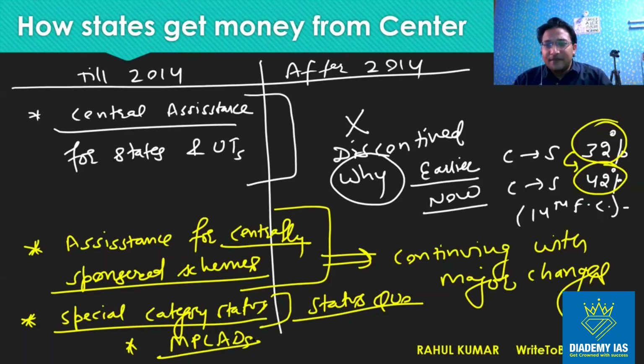So the funds under this MPLAD have been discontinued for certain period from the central government, right? So under this MPLAD scheme, central government is giving the fund to every member of parliament, and every member of parliament can spend this amount in his or her constituency as per the discretion.